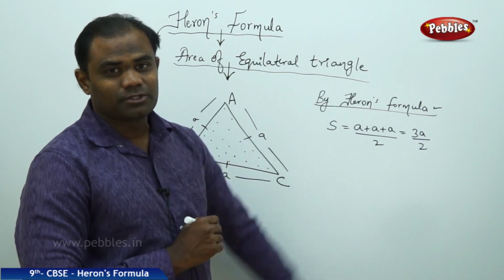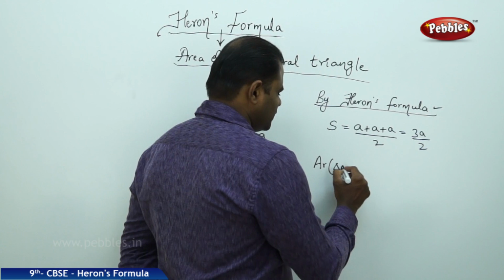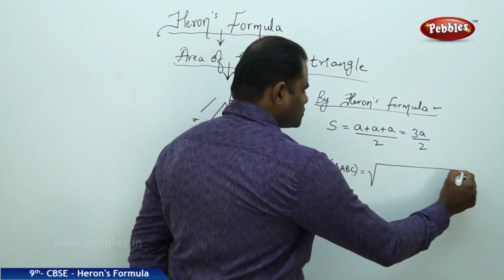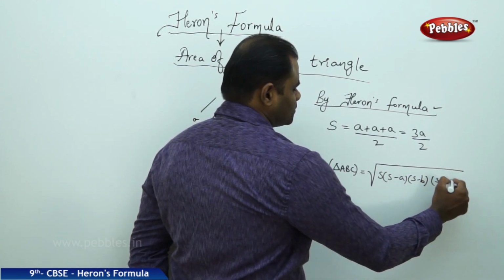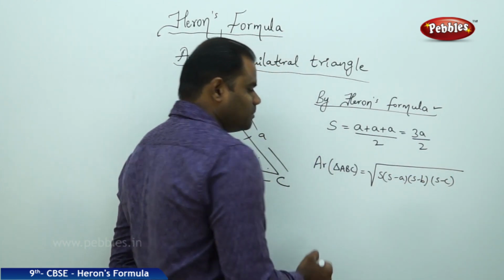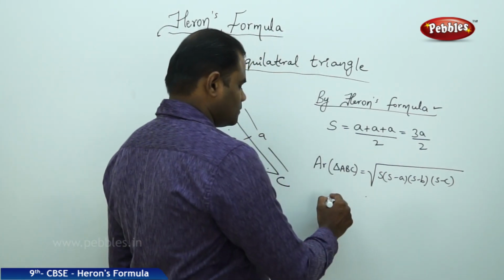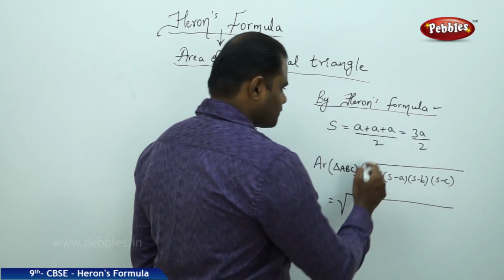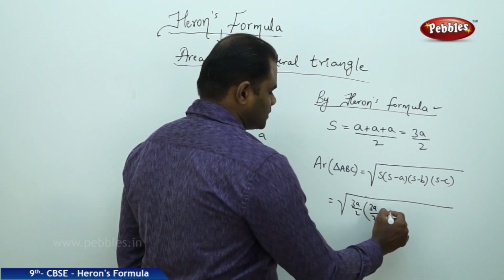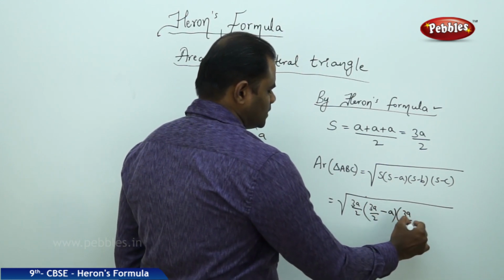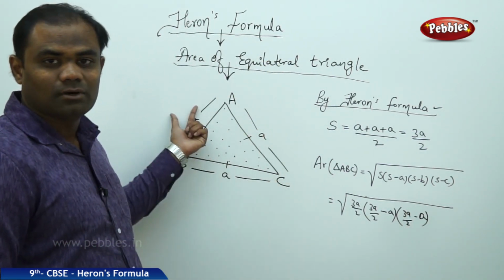Now S is 3A by 2 and my area of triangle ABC is given by root of S times S minus A into S minus B into S minus C. As my B and C are A, I can substitute now, replaced with root of S into S minus A into S minus A into S minus A, because my B also is A and my C also is A.